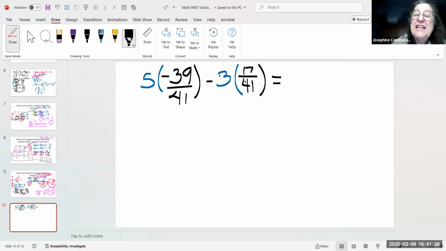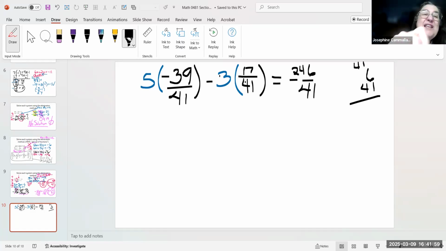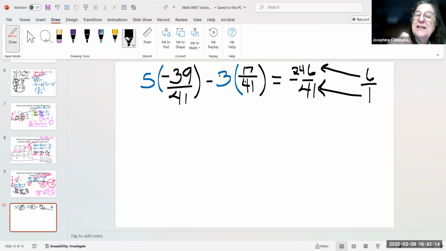Now, this is negative 6. So 6 times 41, because I want a numerator up here, is going to give me 6 over 1. I make this 6 an improper fraction. I put a 1 under here, and I get 41 here. Multiply 41 times 6.